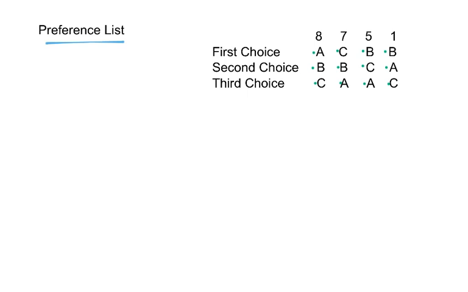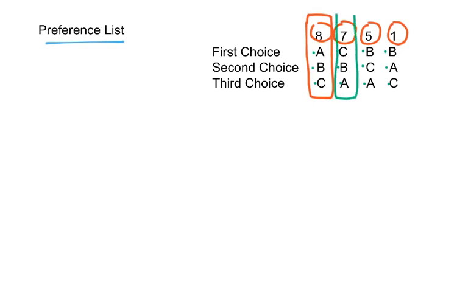Really important things are these numbers here at the top of each column. This tells us the number of voters that rank the candidates in these ways. So what we're seeing here is that 8 voters rank the candidates with A first, B second, and C third. 7 voters rank them this way, 5 voters rank them this way, and then finally 1 voter ranked them this way.